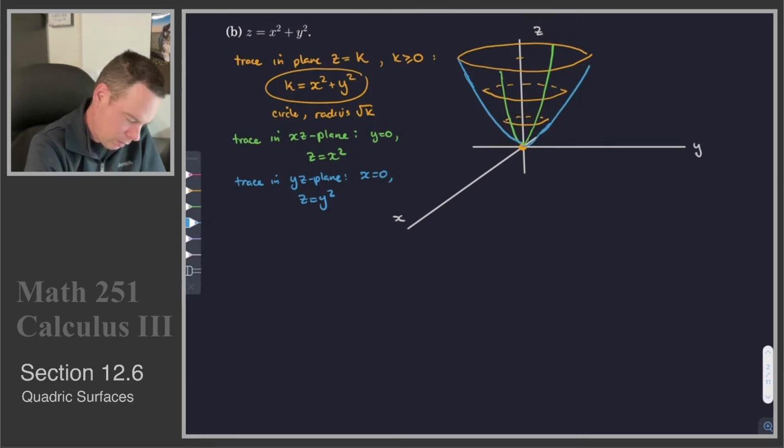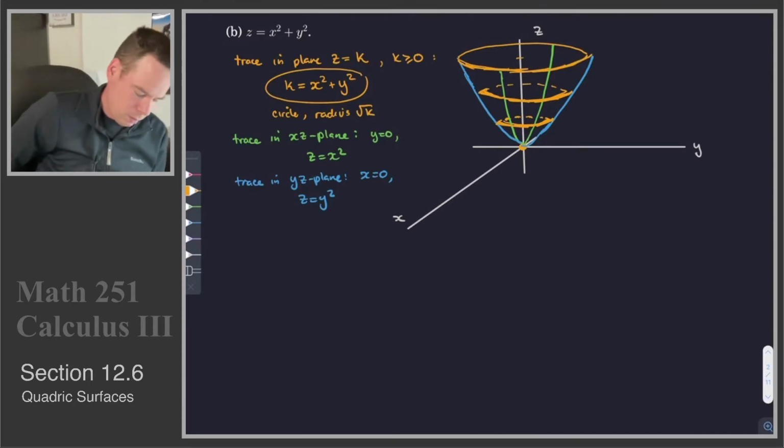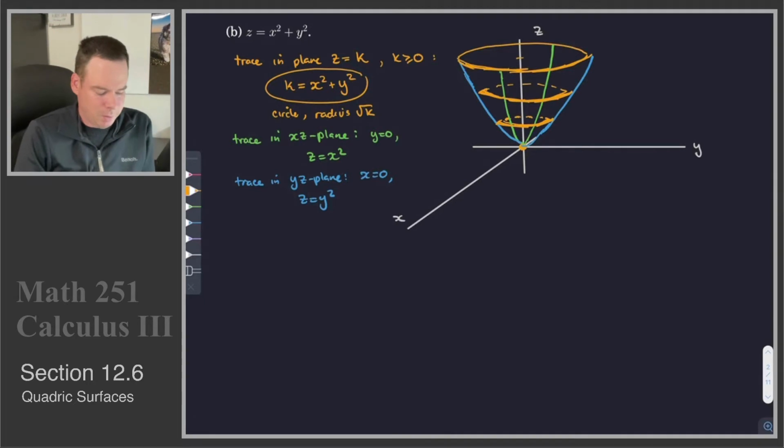It's a parabola that looks like that. And I'll thicken my circles just a little bit so they come out and meet these parabolas. So there's our circles. And the top, or the point at the bottom, were fine. So there we go. And that blue curve is our parabola in the yz plane.